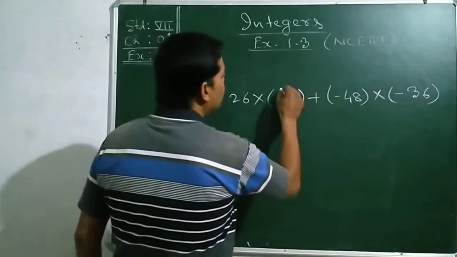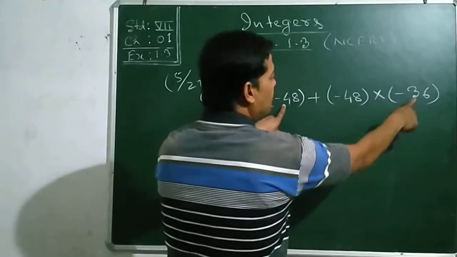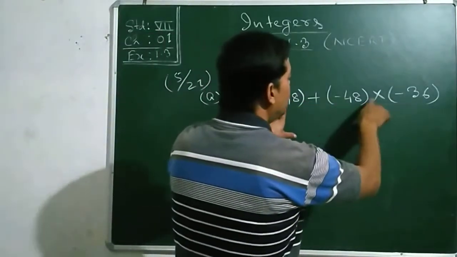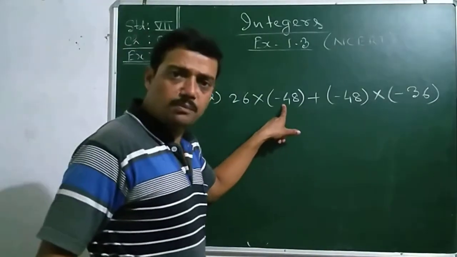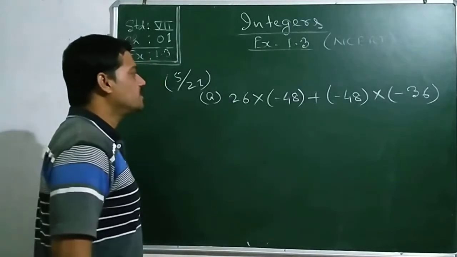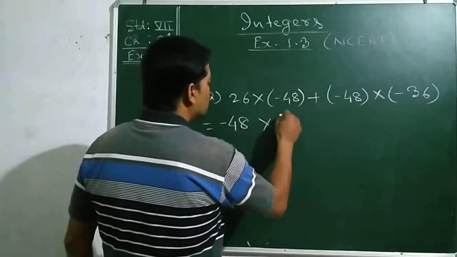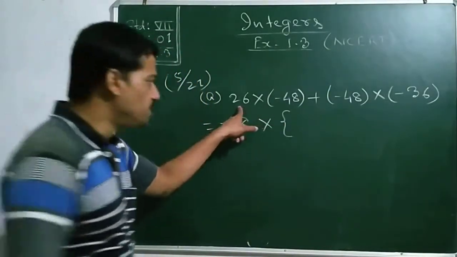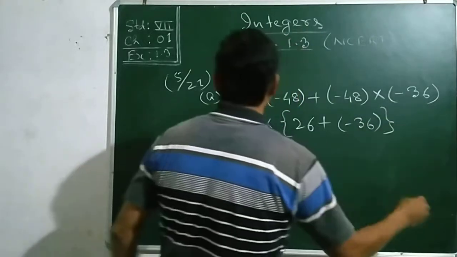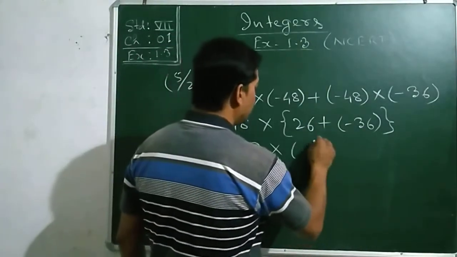If we consider minus 48 as A, 26 as B and 36 as C, then you can write A into B plus A into C. Remember that in the distributive property I taught you A into B plus A into C is equal to A into B plus C. So considering it A, minus 48 into, within bracket we can write B plus C, 26 plus minus 36, equal to minus 48 into minus 10.